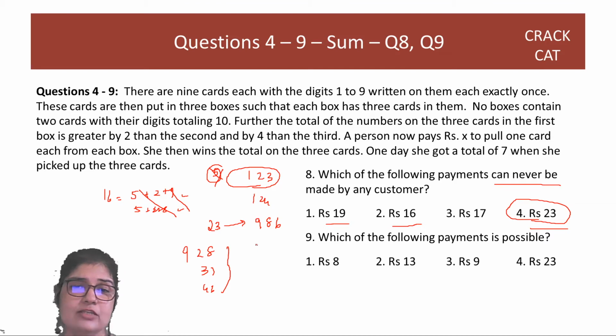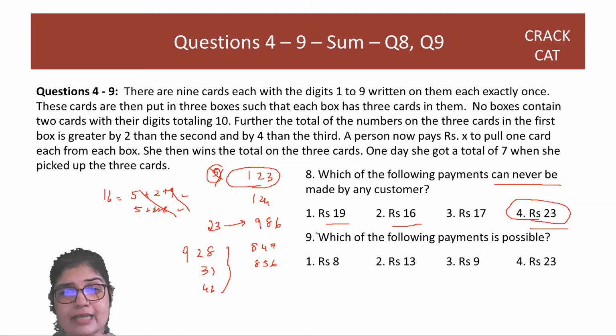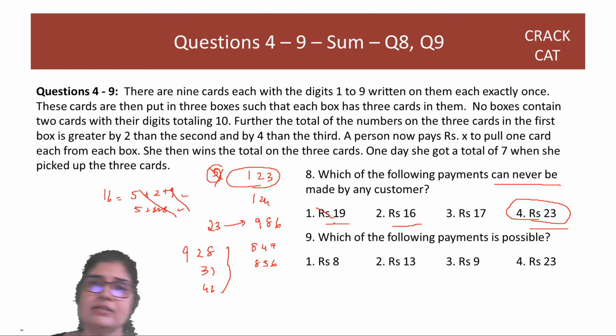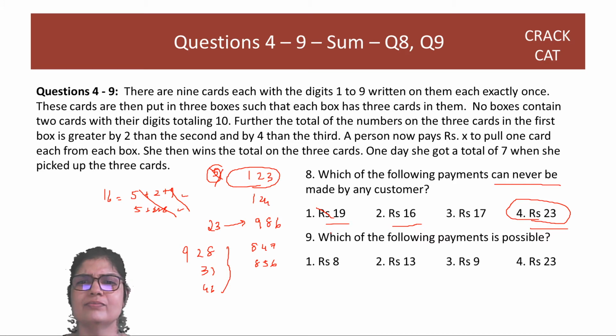Then let's say 9 is not there, तो 8 is there. फिर 11 कैसे बनेगा? So you can have 8, you can't have 9, right? So you'll have 8, 4 and 7, 8, 5 and 6. Without 8, it's not possible. 7, 6, 5, right? So you see, इसके लिए I got 5 possibilities. 5 possibilities में से कोई ना कोई तो will work. और 16, 17 के तो और भी ज्यादा होगी because they are closer towards the mean, which is 15. So your answer has to be 23.